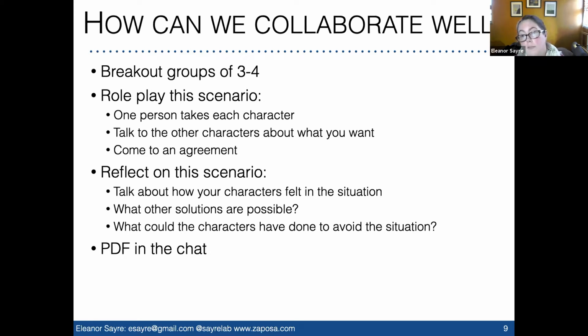The thing that I love about role plays is it gives us the opportunity to try on new ways of thinking and new ways of being in a way that has very few consequences, but does have like imaginary world consequences. So it's a good way for us to try out, what would happen if this were to occur?